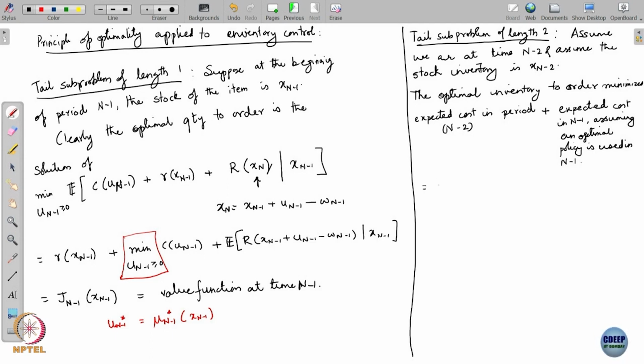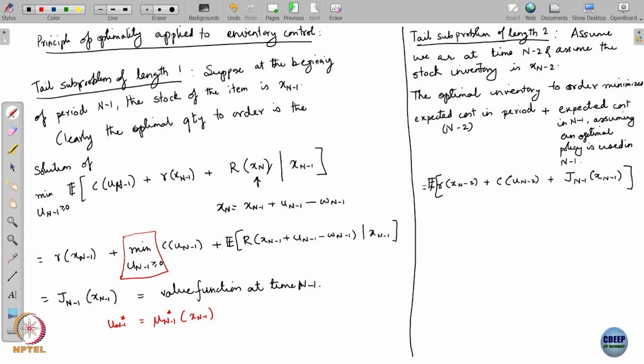This equals the expectation of these terms: R of x n minus 2 plus C of u n minus 2 plus, if you were to reach some state x n minus 1, what would be the optimal cost that you would incur? Well, the optimal cost is something you just calculated, j n minus 1 of x n minus 1.